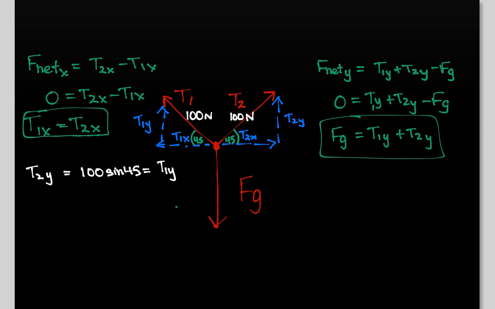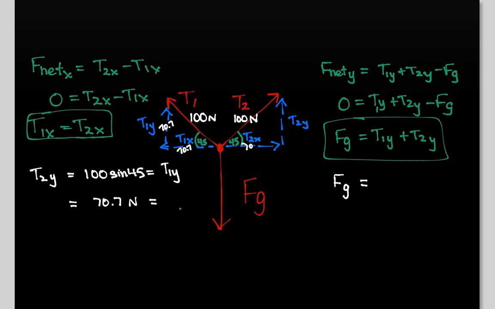Make sure you're in degree mode. They're both 70.7 newtons. So yeah, the x are the same thing because 45 degree angle, 45, this is a 90, so these are isosceles. So yeah, the 70.7 everywhere. This one's 70.7, this one's 70.7, 70.7, and 70.7.